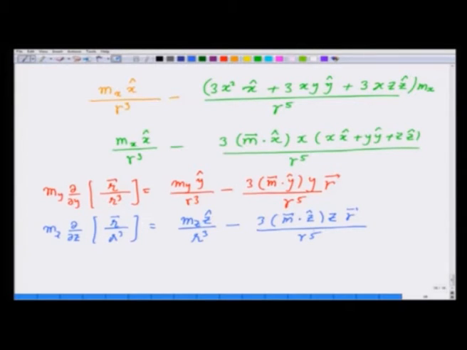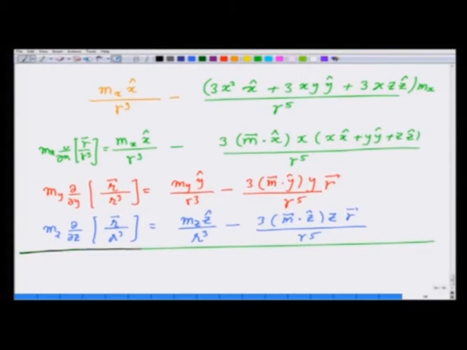Let me write the first term, what that is. The first term is nothing but mx d by dx of r over r cubed is equal to this. If I add all this, okay, what do I get?